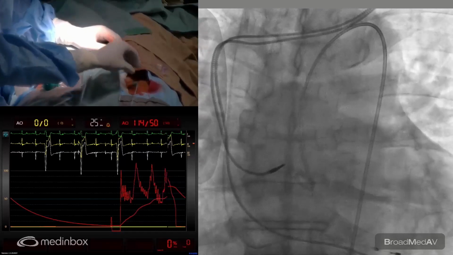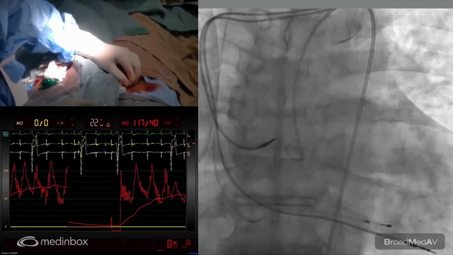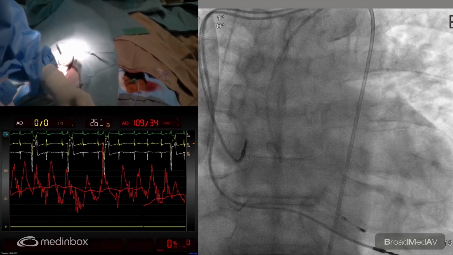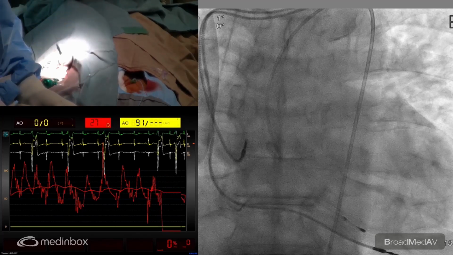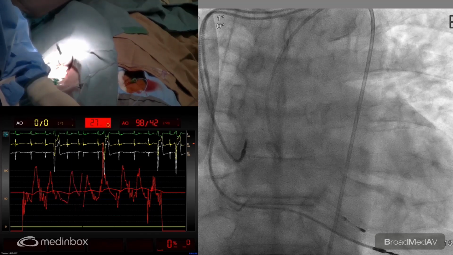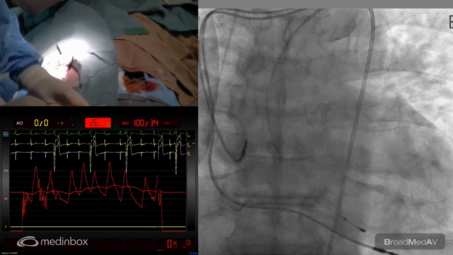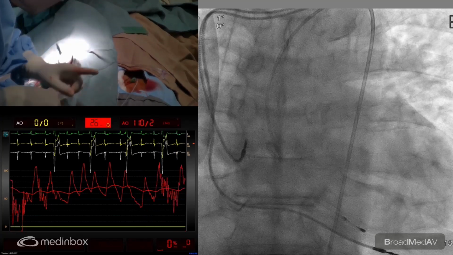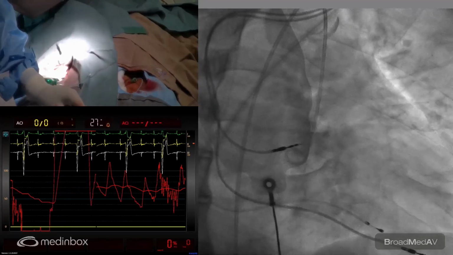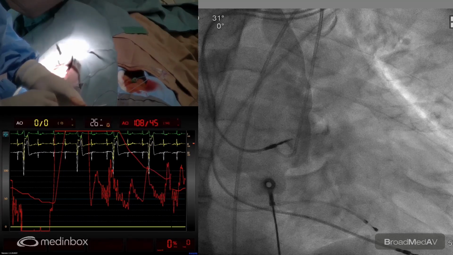So we've got the pigtail in the NCC, and we'll take an aortic shoot now. Can you come to the RAO just to confirm whether our pigtail is in the NCC? So coming to RAO just to be absolutely sure that your pigtail is in the NCC. Some contrast. And after that we'll take a pigtail aortogram.